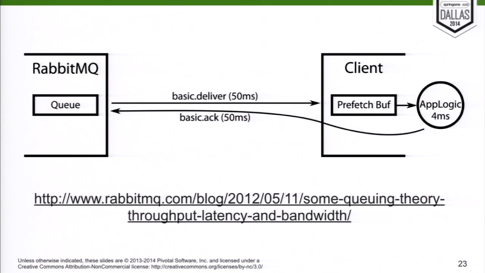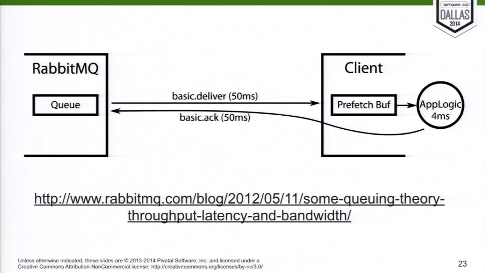So there is an algorithm called CoDel, which is described in that blog post, that lets you pick the right number. And the Java library actually, I think, implements this algorithm to pick the best value for the basic QoS setting, because you will have some time to process each message. Then you need to send the ACK back over the network.